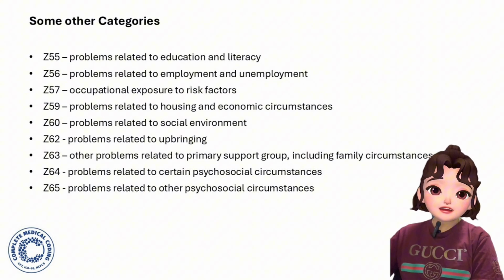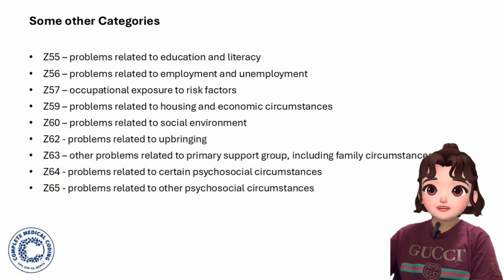Now these are some other categories of Z codes. Z55 problems related to education and literacy. Z56 problems related to employment and unemployment. Z57 occupational exposure to risk factors. Z59 problems related to housing and economic circumstances. Z60 problems related to social environment. Z62 problems related to upbringing.